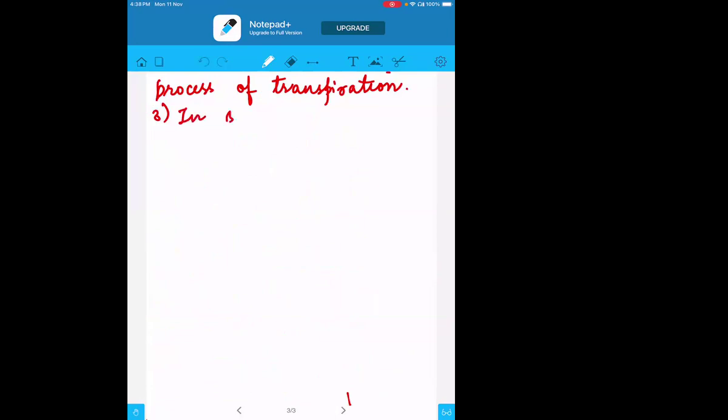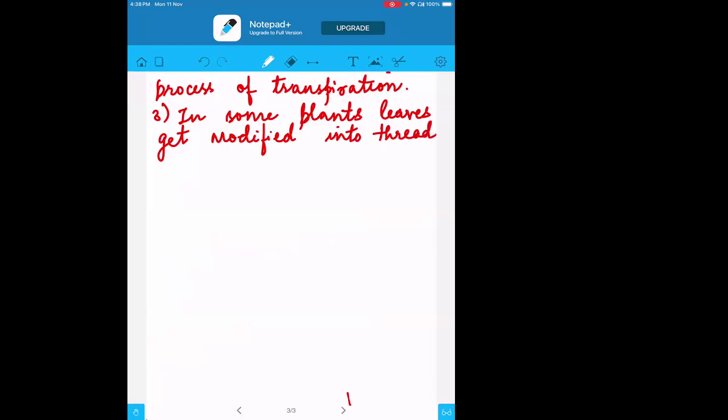Now in some plants, the leaves get modified into thread-like structures, which help them to climb, and also help them to get support.